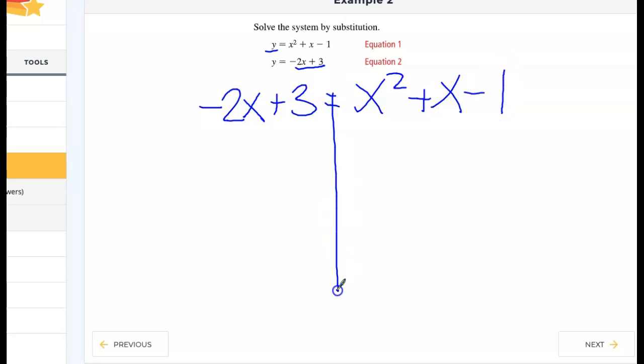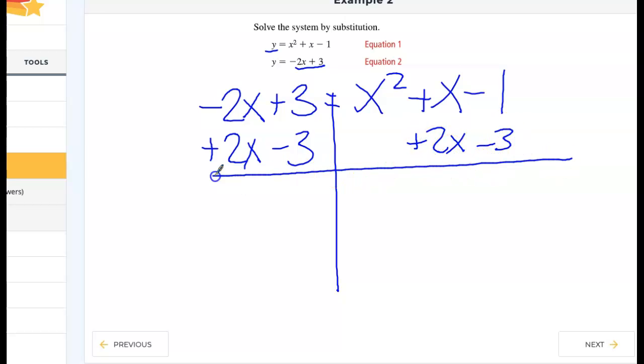Now what would I do to get this side equal to 0? Add 2x and minus 3. So over here I would get 0, and here I would get x squared plus 3x minus 4.